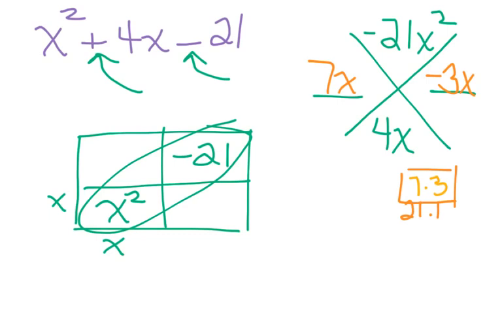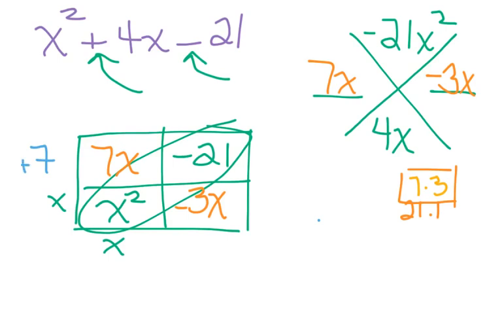So now I can place both of those numbers inside my rectangle, and I'm actually going to place negative 3x right here and 7x right here. Again, I could have placed it in either box. And now I'm going to factor out my greatest common factor. The greatest common factor between 7x and negative 21 is 7. Notice that it's positive 7.